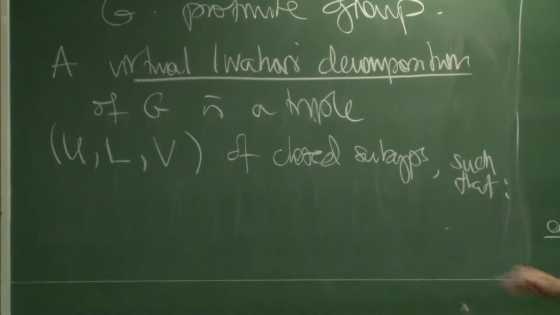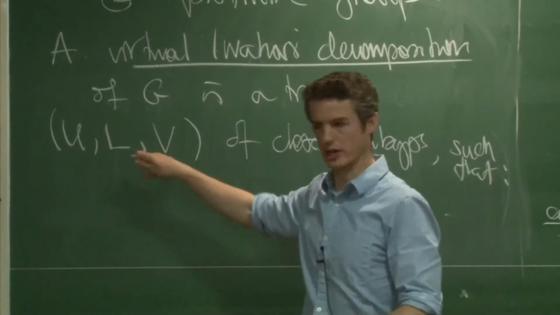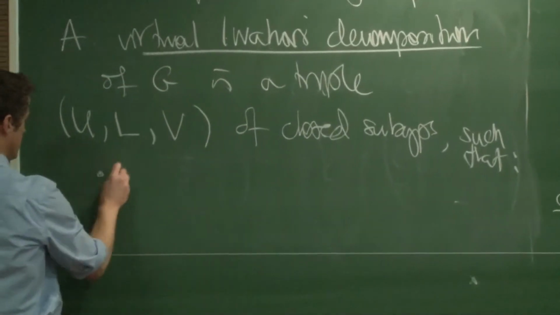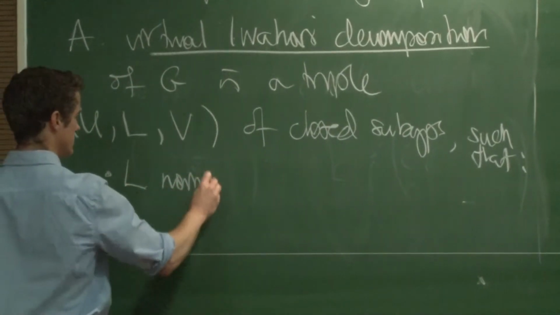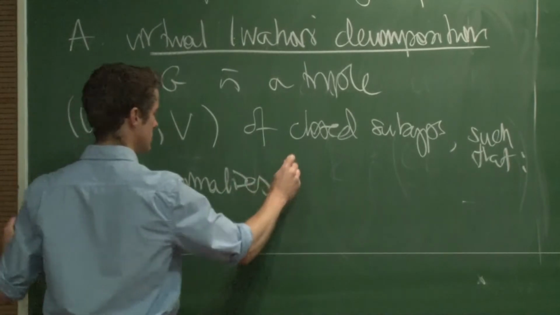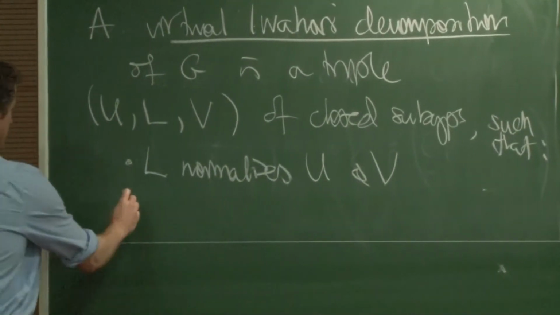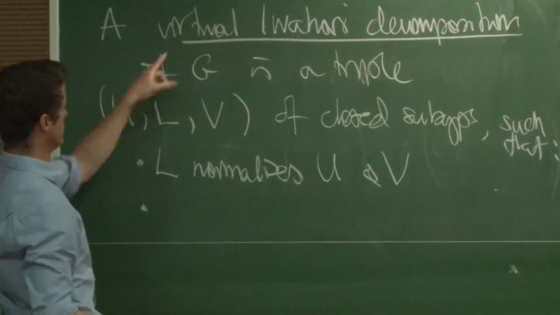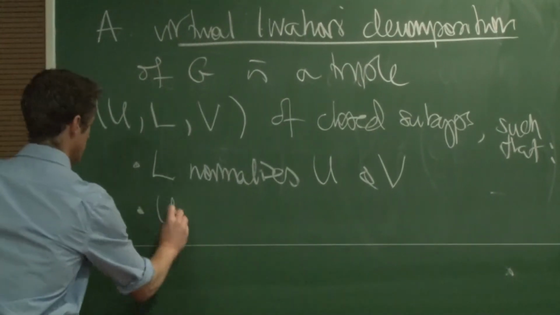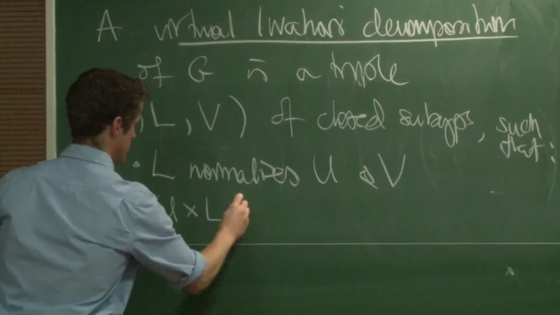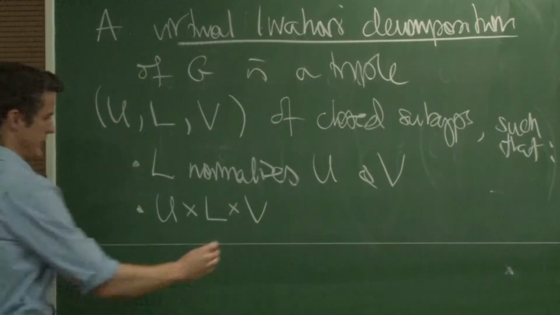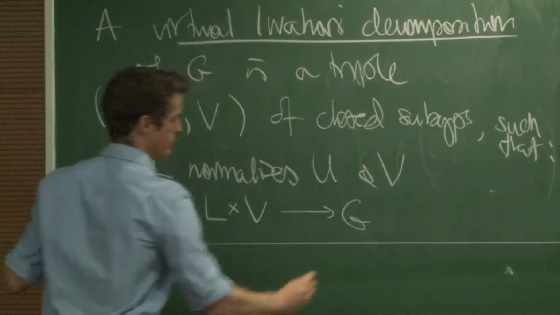The first property should be that the group L normalizes both the other groups. Second property, which is why the word virtual is there: the map from the Cartesian product U times L times V into G, given by multiplication.